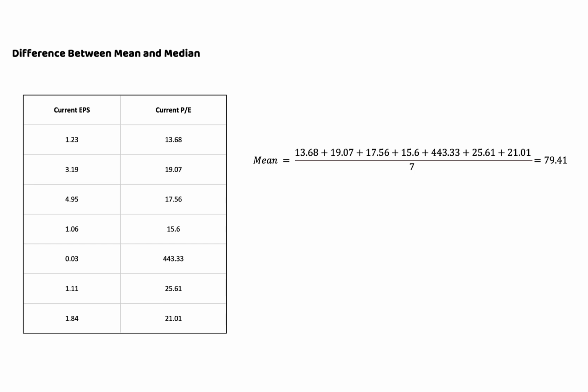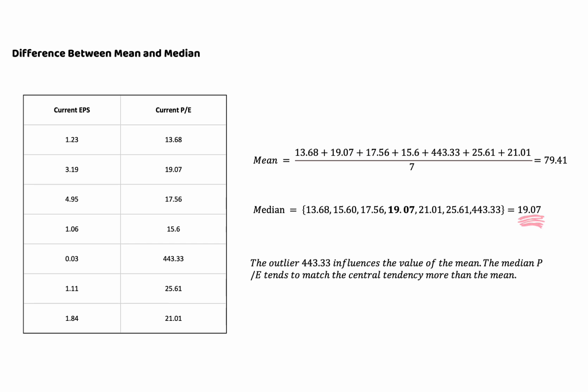So if you do the mean, you are essentially going to get a little higher, inflated mean because of that one outlier. Whereas if you did the median, where you would list the numbers from least to greatest, and you would take the middle value, you get a median value of 19.07. And in this case, like we talked about, the 443 influences the value of that mean.